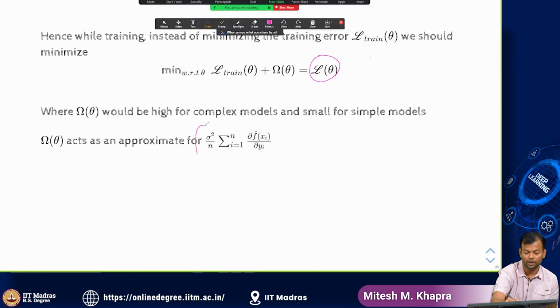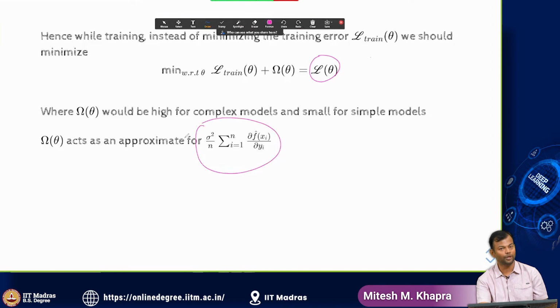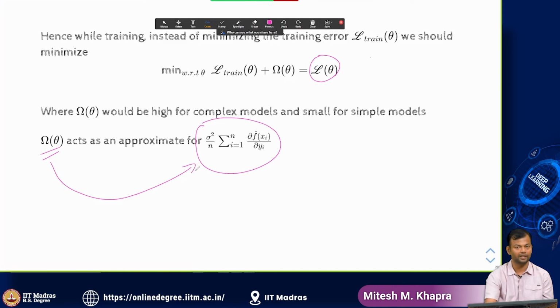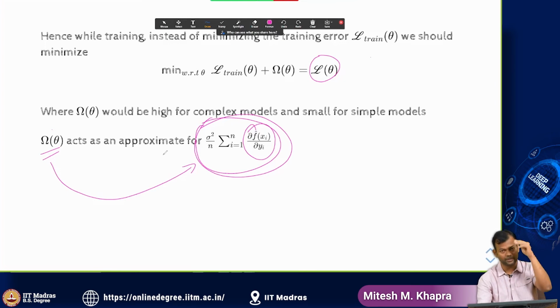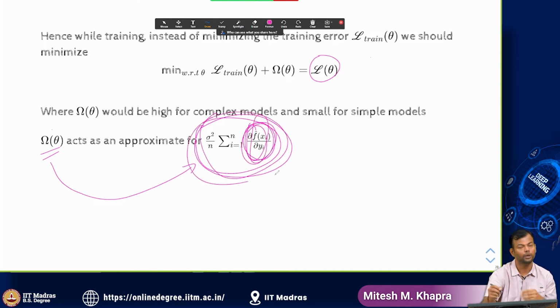So this is the model complexity term that we had seen, and now you have to come up with some functions which act as an approximation of this, and when you reduce this, it actually decreases the model complexity, which means it will decrease this quantity, which means it will decrease this sum, right. So you should come up with omegas which decrease the model complexity, because if the model complexity decreases, this term will decrease, and hence this term will also decrease, right.